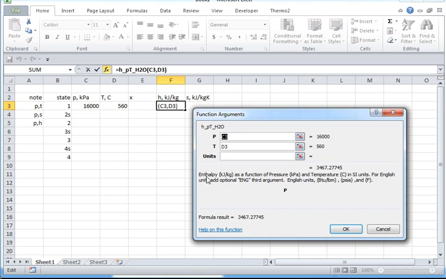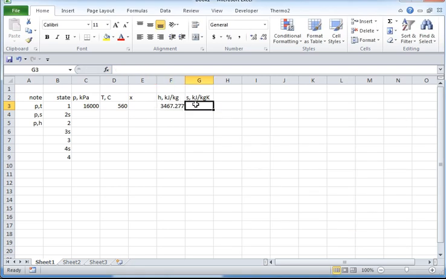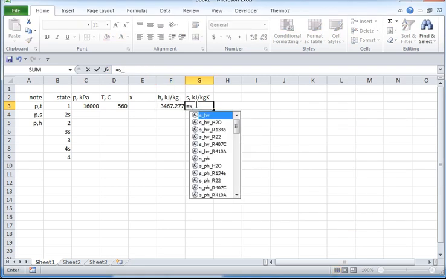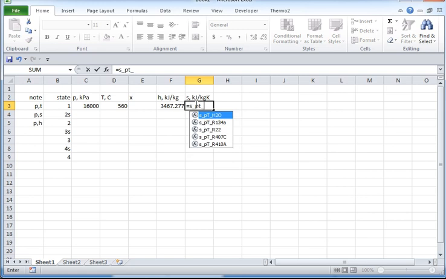And it says enthalpy in kilojoules per kilogram is a function of pressure in kilopascal and temperature in degrees C in SI units. If you want English, you have to put a little ENG right there, which we won't show you. Got it? How about entropy? S is a function of pressure, temperature for H2O. Pressure, comma, temperature, close paren, return.